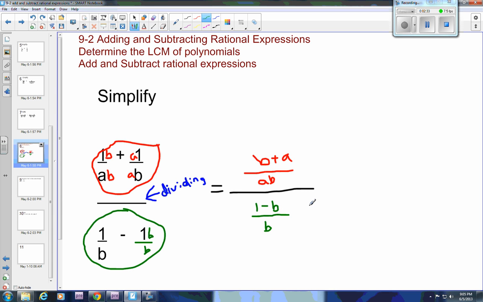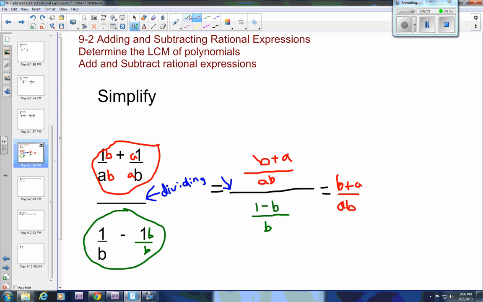for the numerator. And if you recall what I was saying earlier, this big division line in the middle, this one right here, means that you are going to change it to multiplication and flip your fraction. So I'm going to rewrite my top, so that's B plus A all over AB.